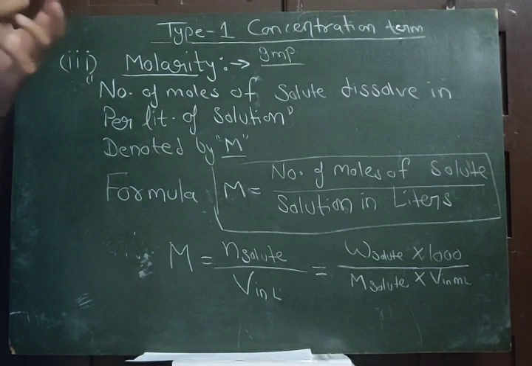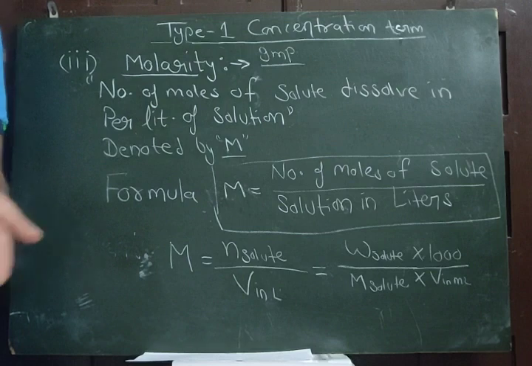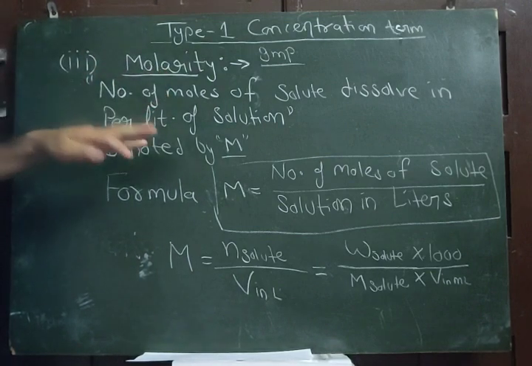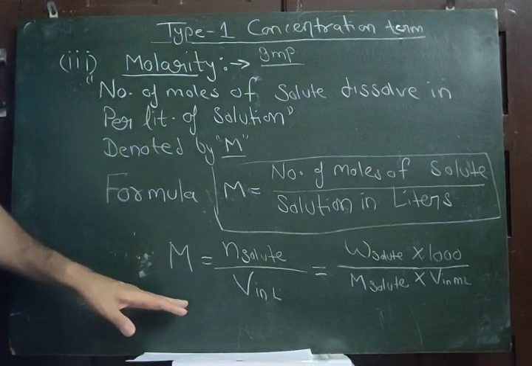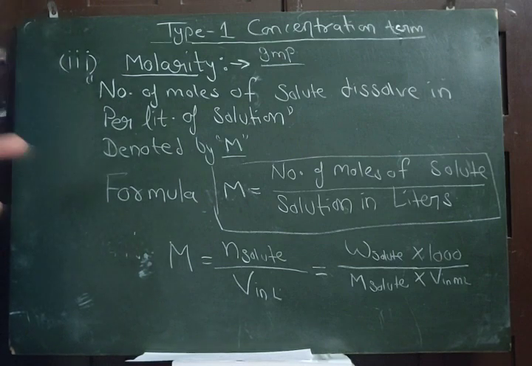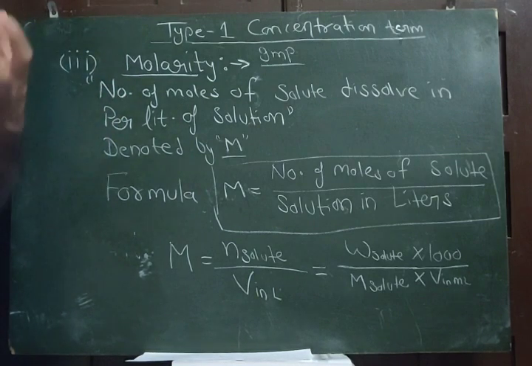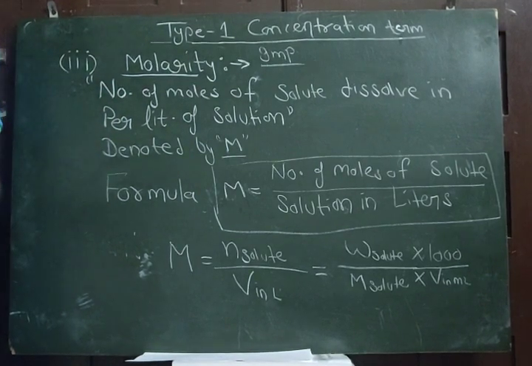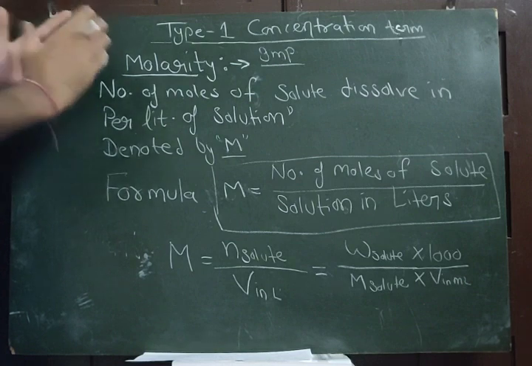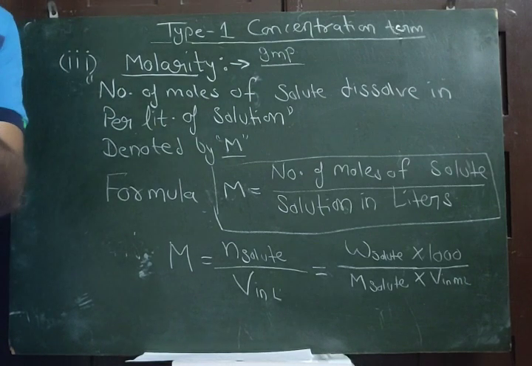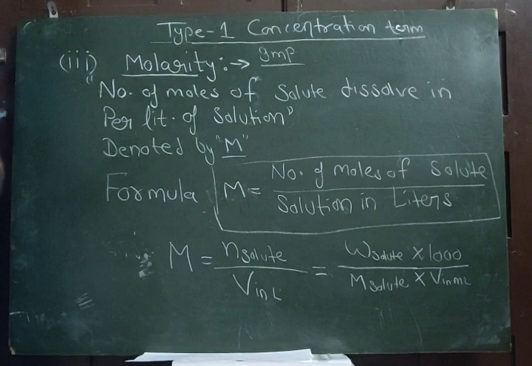First of all, we will discuss molarity, its definition, formula and notation, and afterwards its physical aspects, as well as some numericals based upon molarity. It is very important, so understand it carefully.